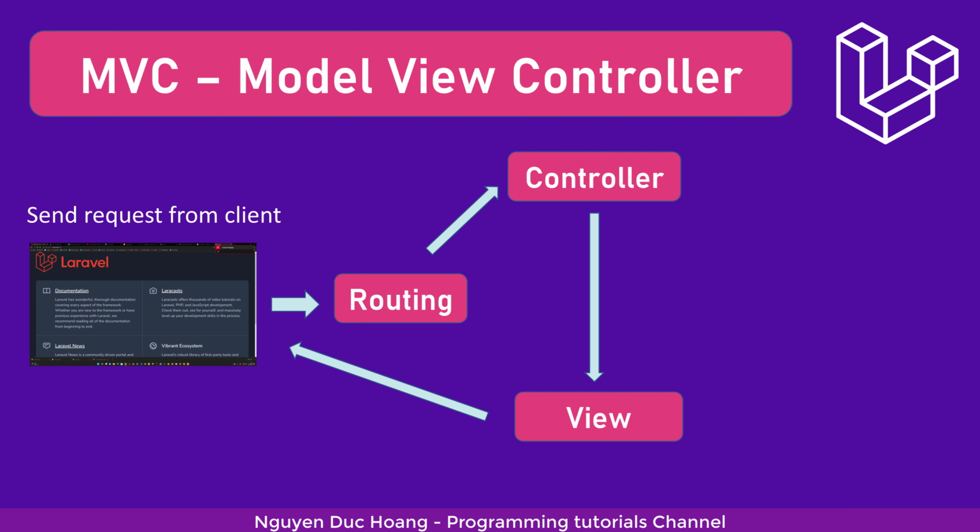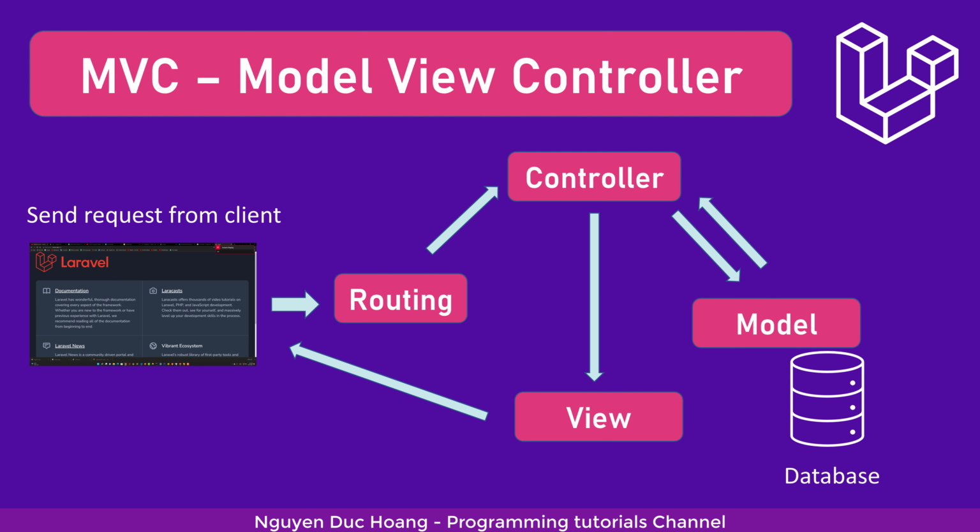So the user can see the result as a view and can interact with the view, and the controller can access the model to modify the database or get data from the database.